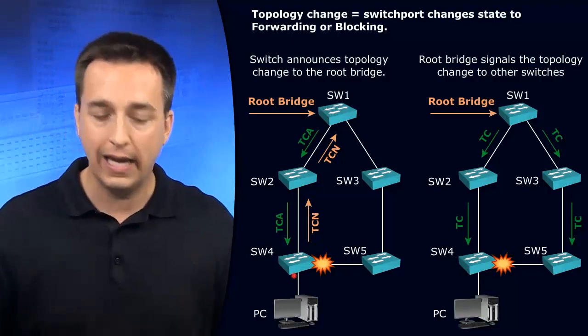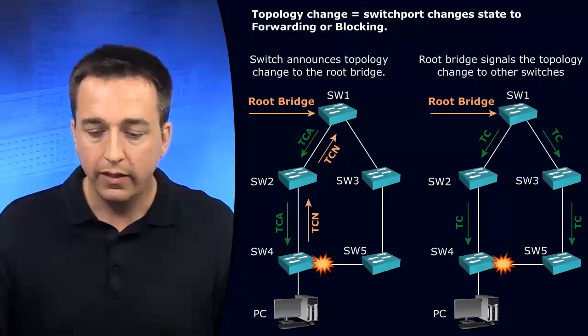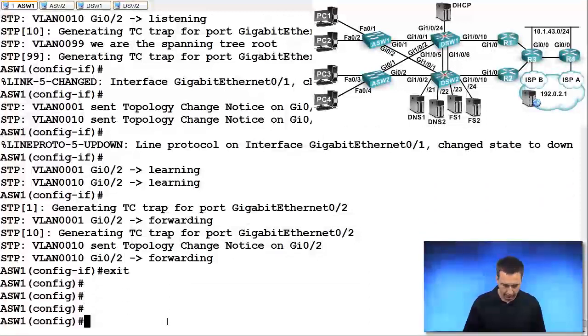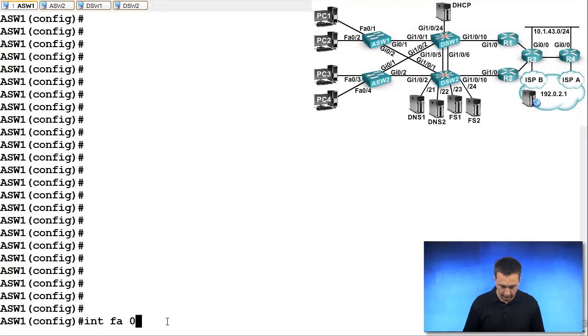So in this case, what happens if PC1's interface is shut down? So let's go interface fast Ethernet 0/1, and let's shut down that particular interface.